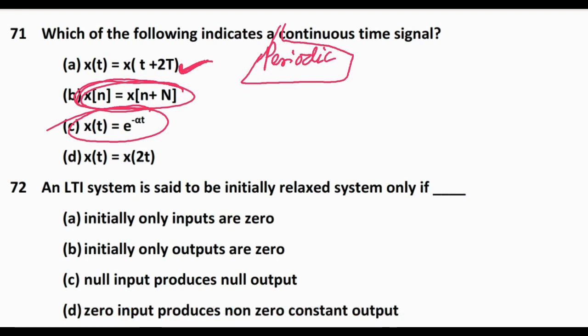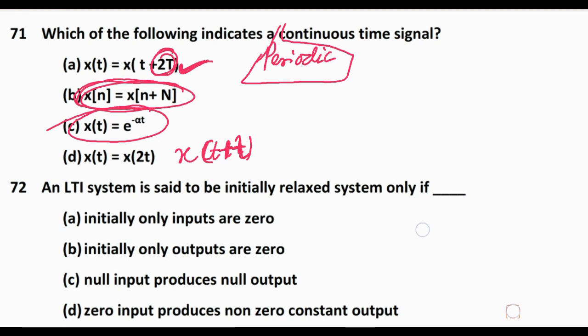And x(t) = x(2t). You can say that x(t + T) can be represented like this, and this is wrong, because a period means a constant value after which the output or the function is repeating itself. Here T is not a constant value, we are varying the t. Here 2t is given, but 2t is not the period of that function.